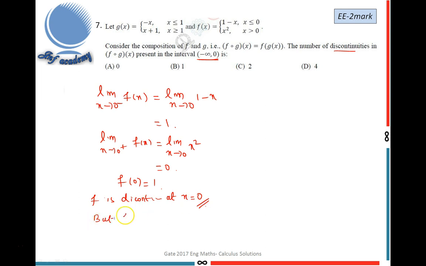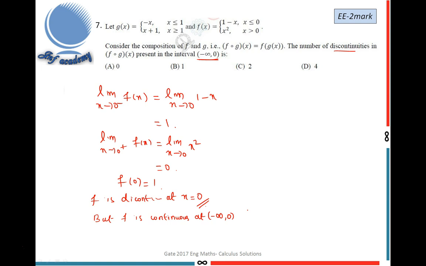But f is continuous in the intervals minus infinity to 0 and 0 to infinity. Here I need minus infinity comma 0 only.